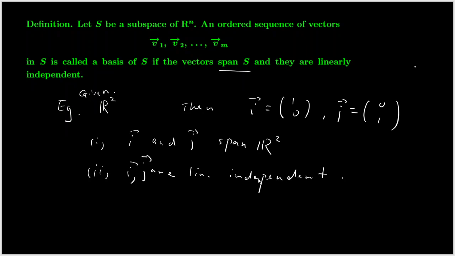So the two conditions are both true. That's why I and J form a basis of R2. That's why we call I and J the standard basis vectors. It's the simplest basis of R2, of course, and R2 can have other bases as well.